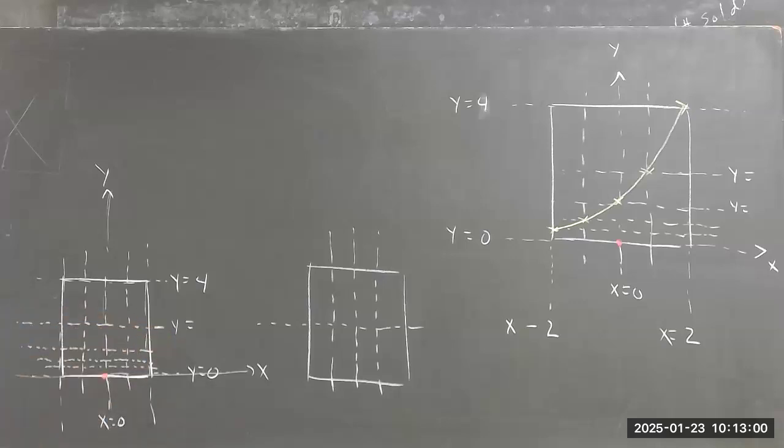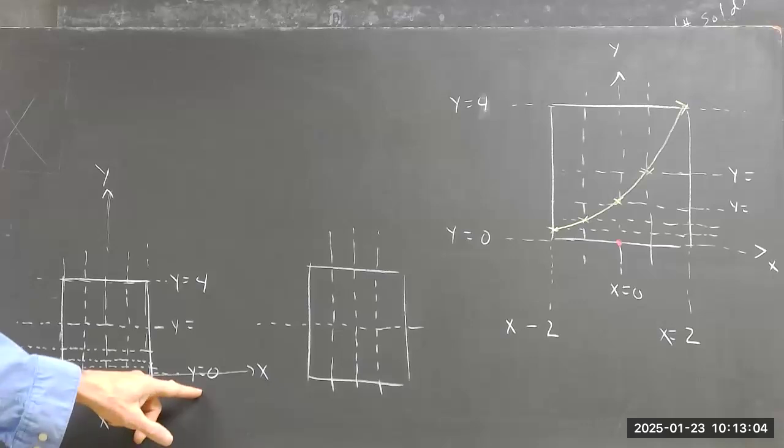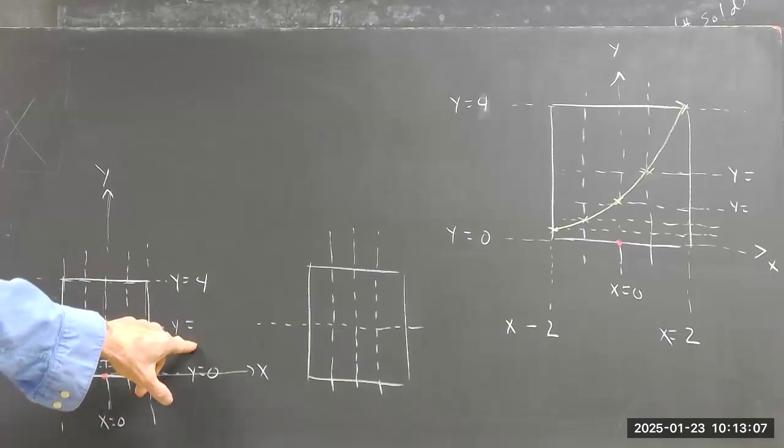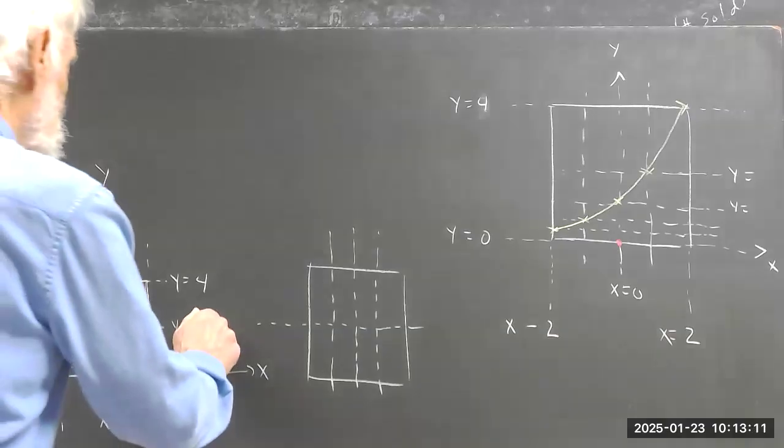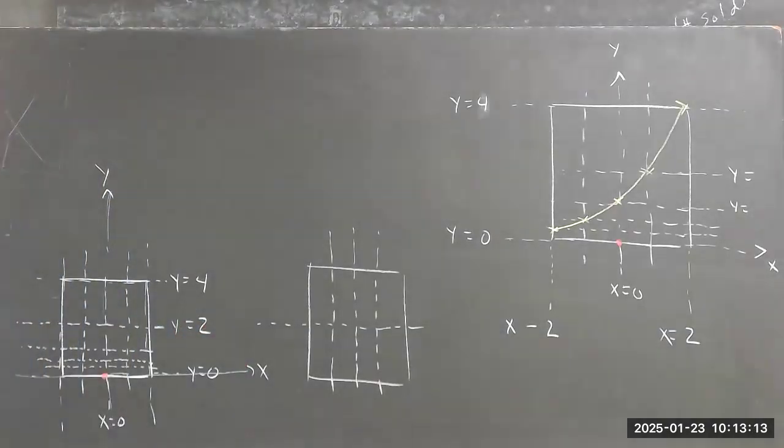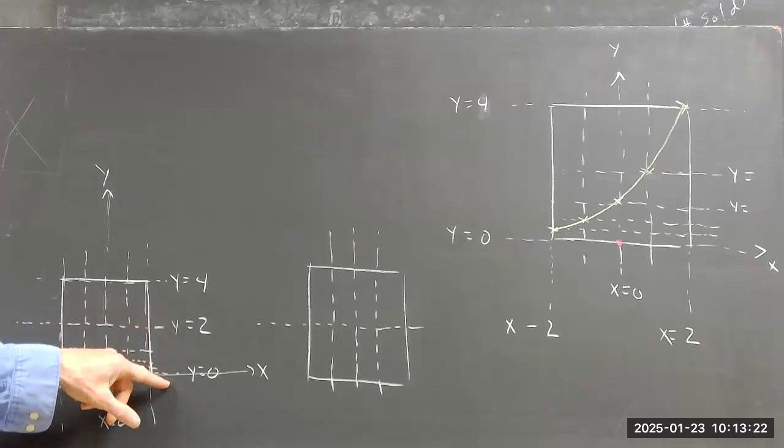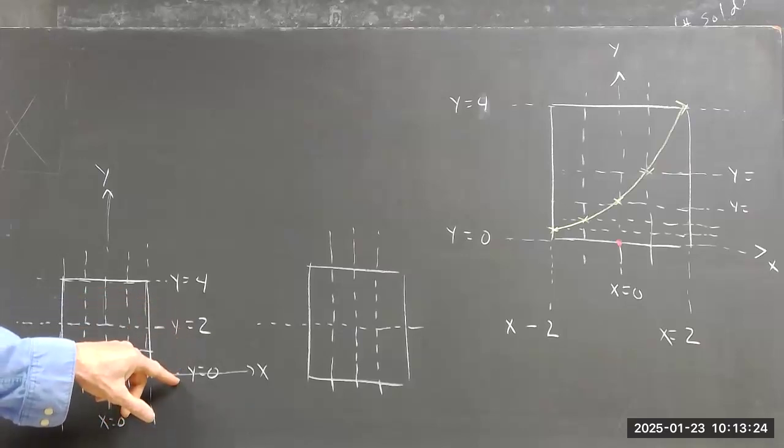Y equals, well, this line's halfway between this and this, right? Here's y equals 0, here's y equals 4. What's halfway between 0 and 4? Everybody knows that's 2. Okay. And now where's this line? So this line is halfway from here to the bottom. So it's halfway from 2 to 0. What's halfway between 2 and 0? 1.